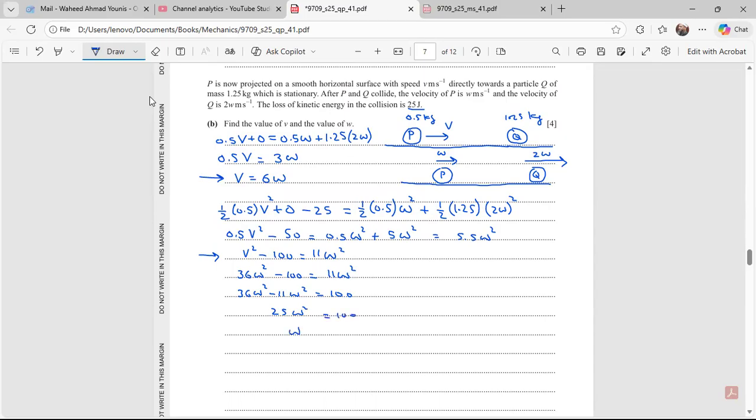So W square is equal to 4 and W is equal to 2. Easy. And from here I can find the value of V. V is equal to 6W, so 6 times 2 is 12. So V is 12 meter per second, and W was 2 meter per second.